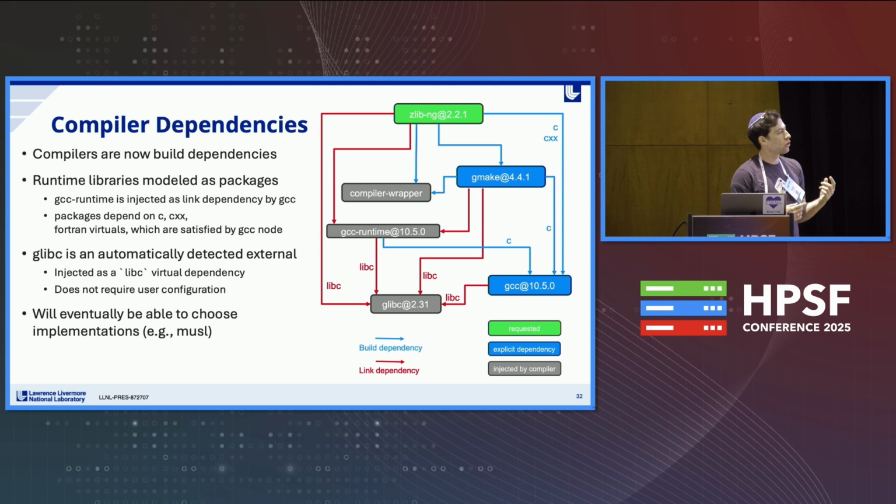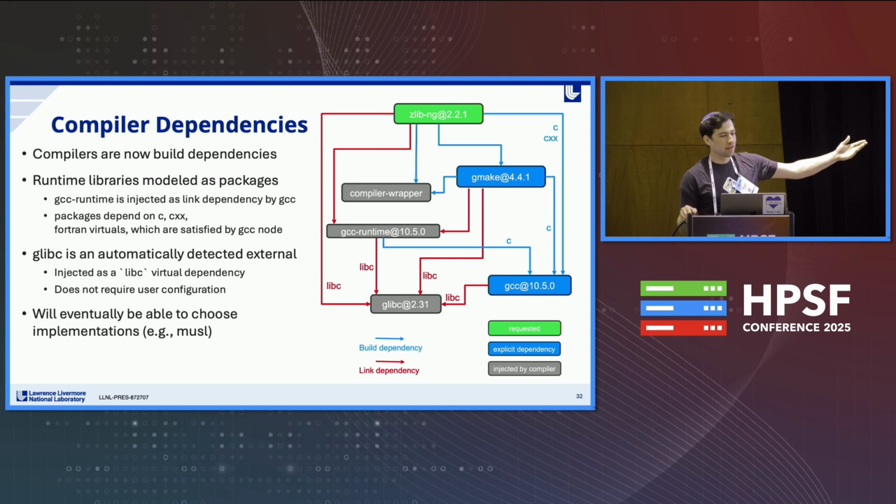So the solver knows, okay, if you are building with GCC, there's a relationship between GCC and its runtime libraries, such that if you use GCC for your C or C++ compiler, you also need a link dependency on the runtime libraries. Similarly, you need a link dependency on glibc, right? Basically at the bottom of everything, there's a dependency on glibc.